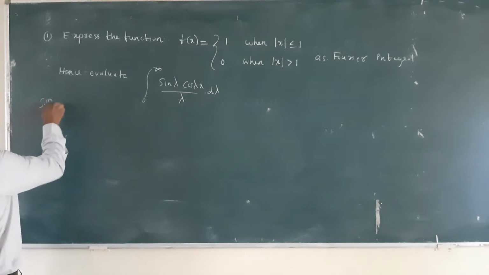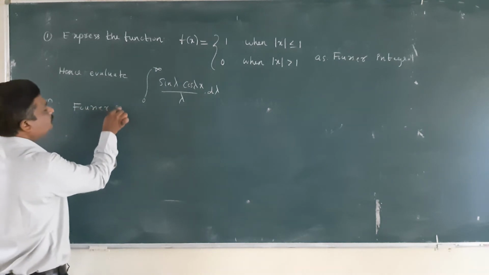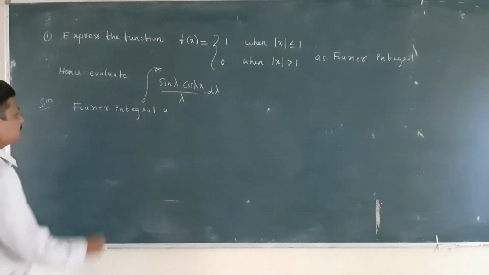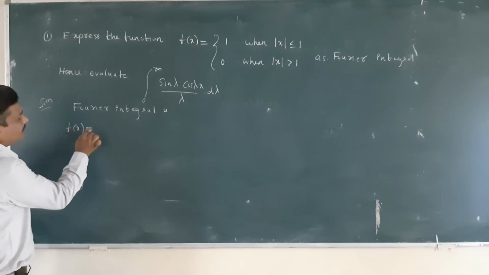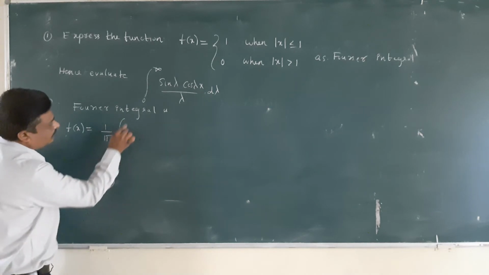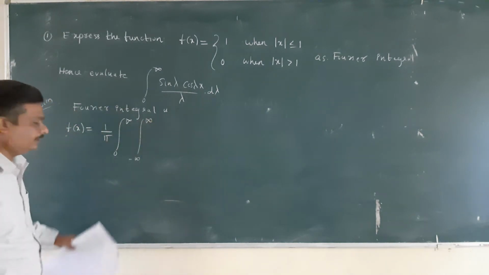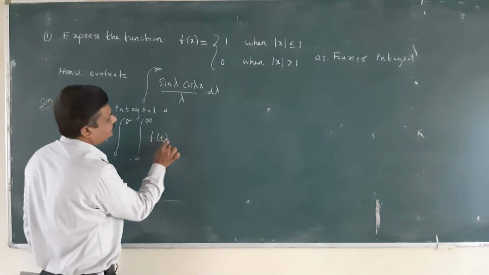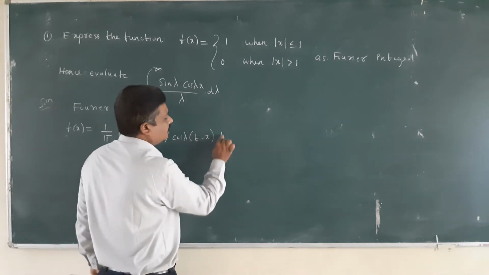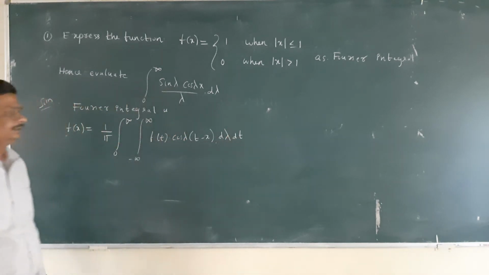Solution. So first we write the formula. Fourier integral is f of x is equal to 1 upon pi integration 0 to infinity into double integration, this is minus infinity to plus infinity, f of t into cos lambda into (t minus x) dt into d lambda, or d lambda into dt.